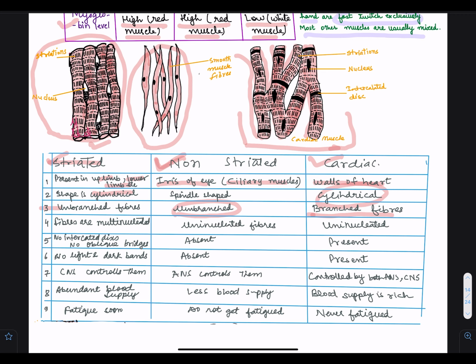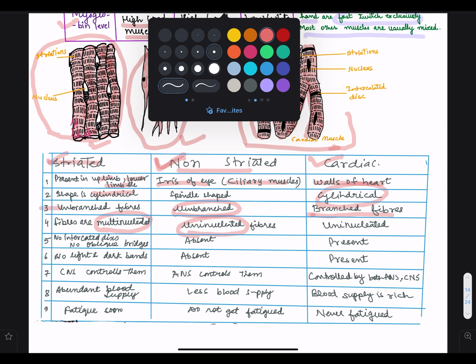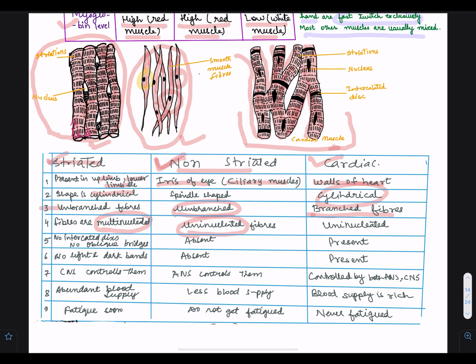Now the fibers are multinucleated in striated muscles, while they are uninucleated fibers in non-striated muscles. See, there's a single nucleus. You can very well appreciate this single nucleus over here. Now, cardiac muscles too are uninucleated.